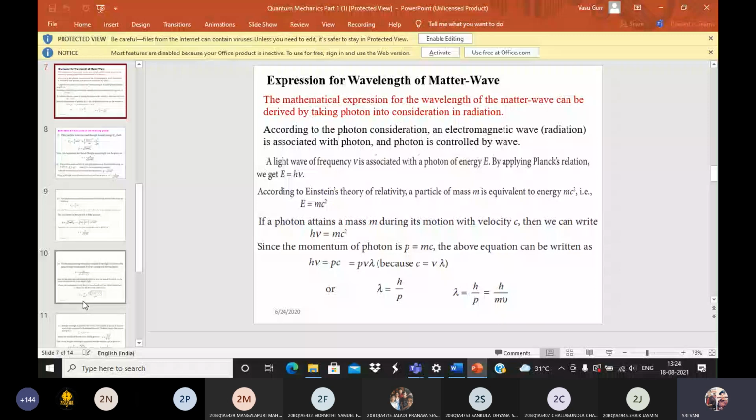So, substitute: lambda is equal to h value 6.62 into 10 power minus 34 joule second, by mass of the electron 9.11 into 10 power minus 31, into velocity 3 into 10 power 12. Till the substitution of the given values, 98% of the physics problem is completed.